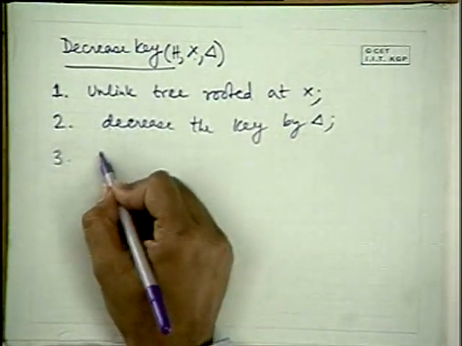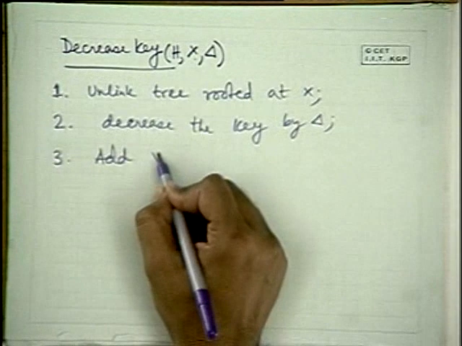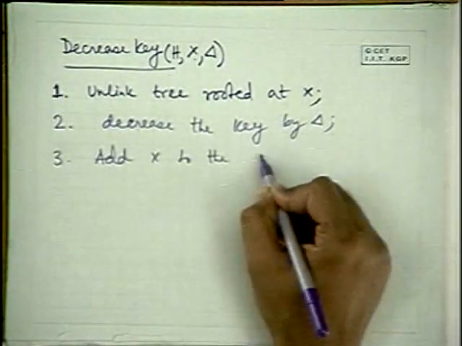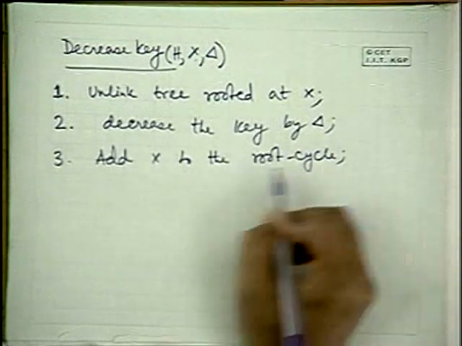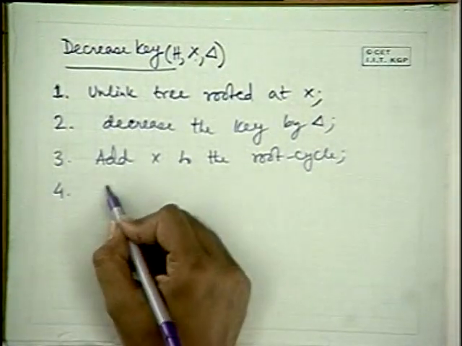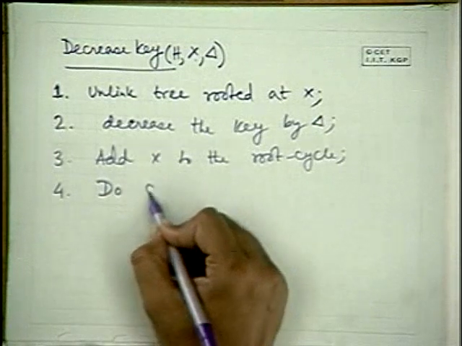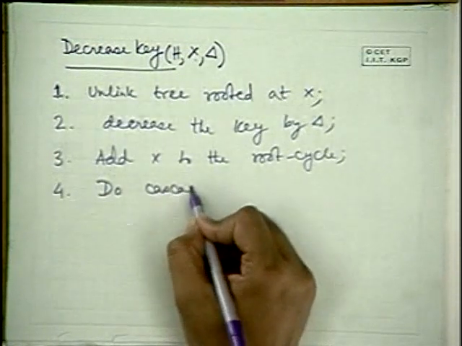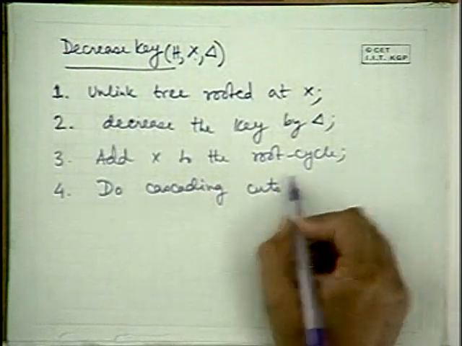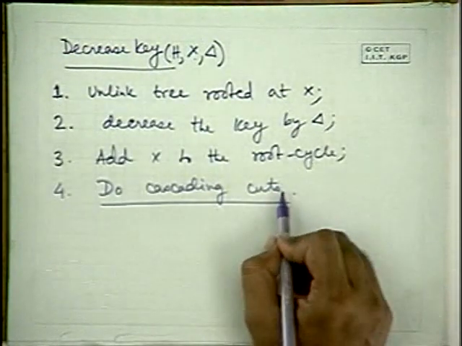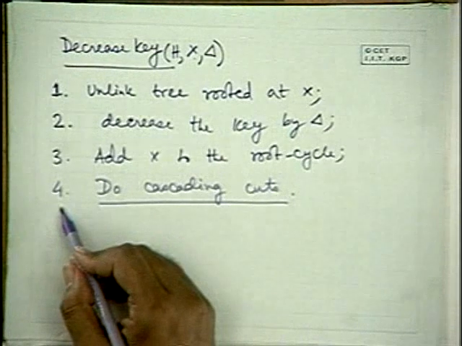Third, add x to the original root cycle now. And fourth, for the time being assume that there is a cascading cut. I'll just tell you what it is later. Do cascading cuts. So don't bother about the fourth operation right now.